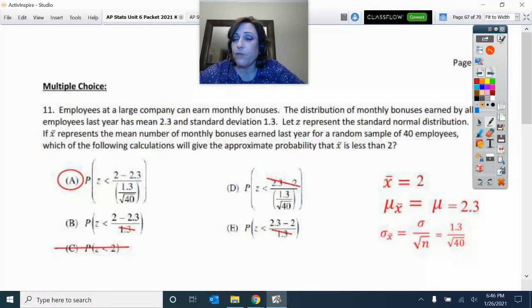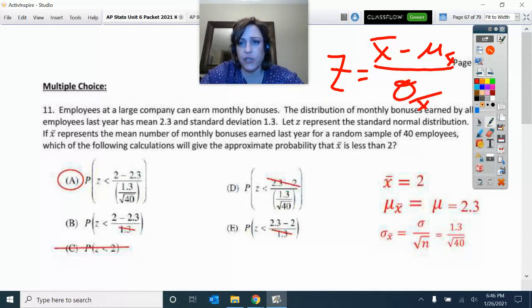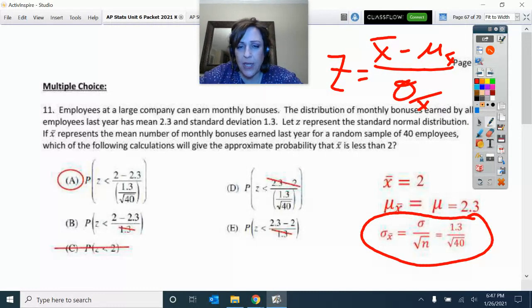These are the multiple choices. Okay, you need to make sure that you can follow through with what's happening here. We're talking about getting a z-score, and our z-score with a sample x bar minus the mean over the standard deviation of the x bars. And that standard deviation of the x bars is that population standard deviation divided by the square root of n.